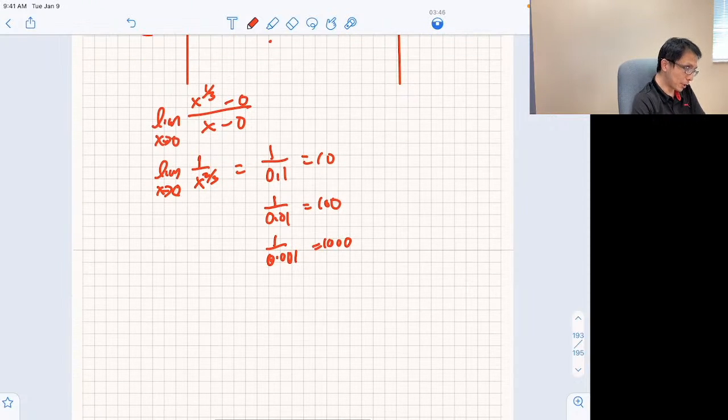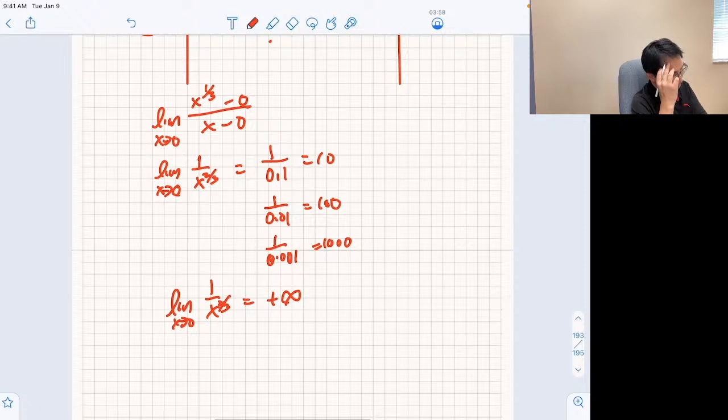If I approach 0, x to the 2/3 is going to be less than 0.001. It's going to be so small that the top part becomes overweight, so it becomes positive infinity. Now think about a slope that has positive infinity. It's a vertical line. So a vertical line is also known as does not exist.